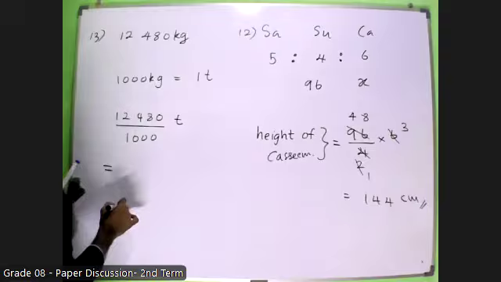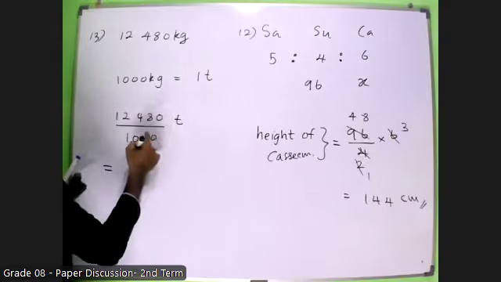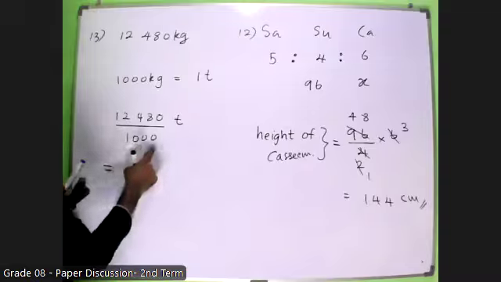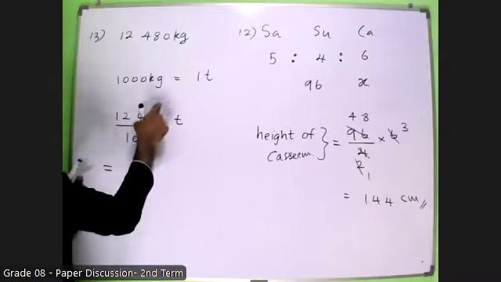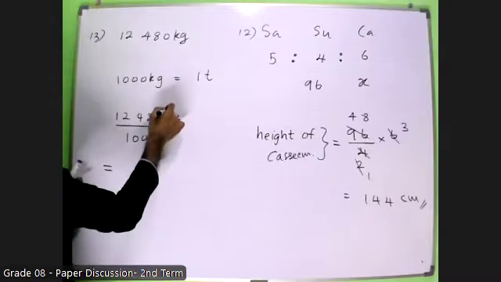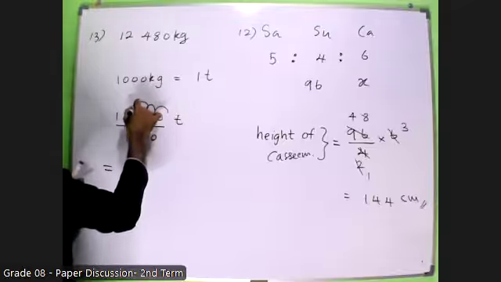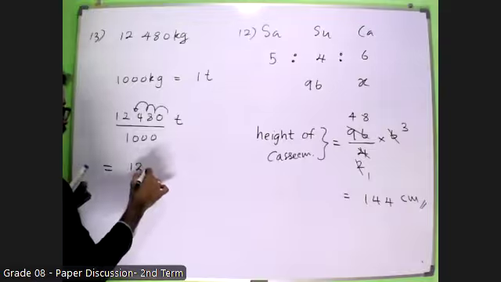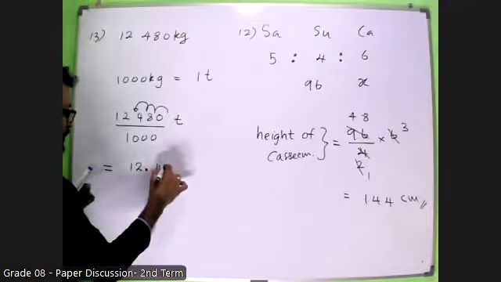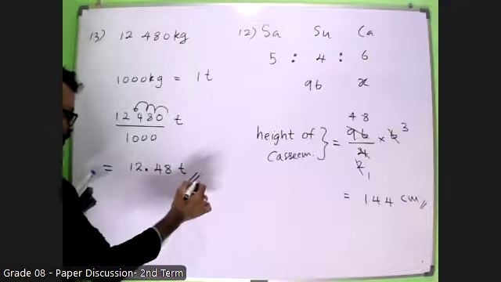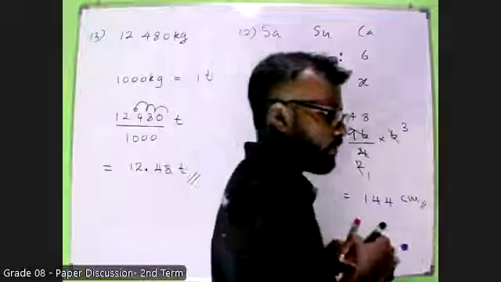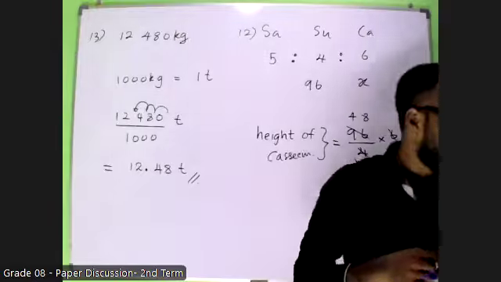So what would be the answer? You have to allocate 3 decimal places because you are dividing by 1000. 1, 2, 3. So the answer will be 12.48 tons for the 13th one.